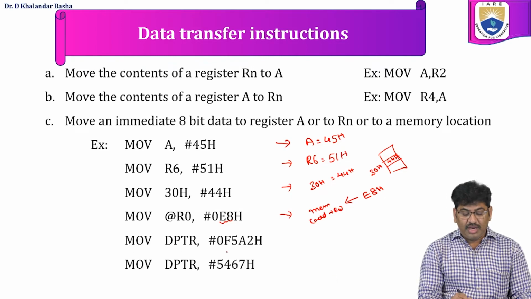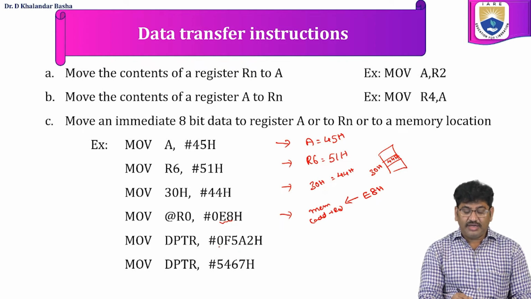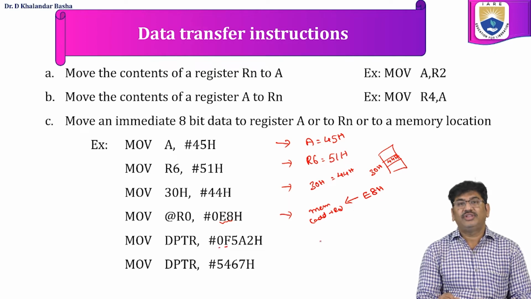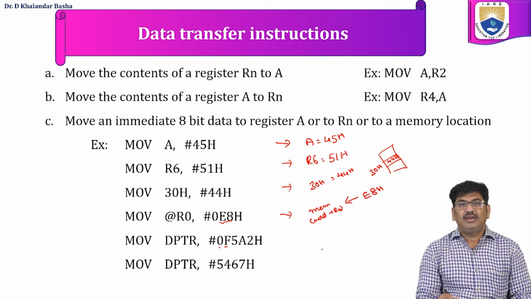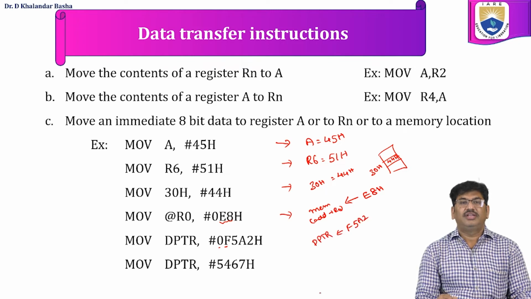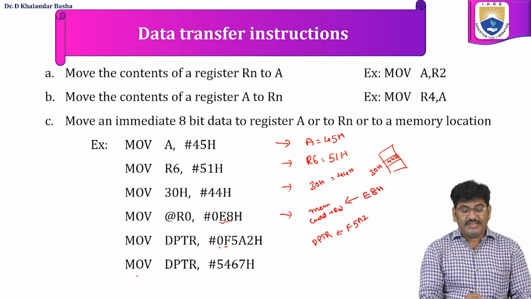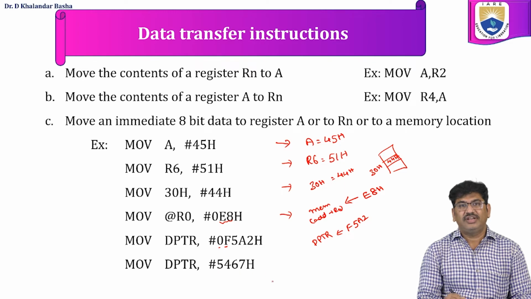MOV DPTR, #0F5A2H. As the data here is immediate data and it is starting with an alphabet, it is prefixed with a 0. The DPTR is a 16-bit register. The data, that is F5A2, will be copied into the DPTR register. The next example is MOV DPTR, #5467H.